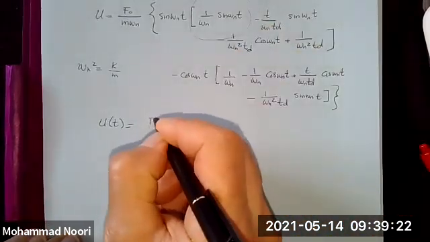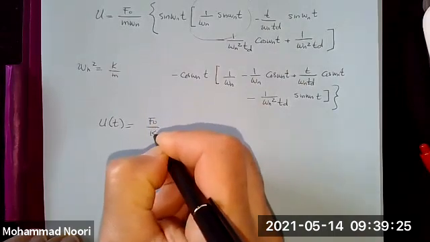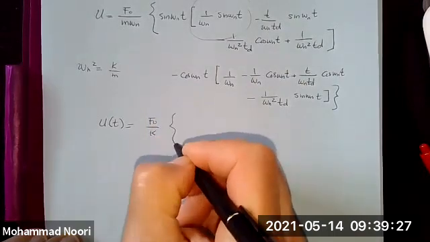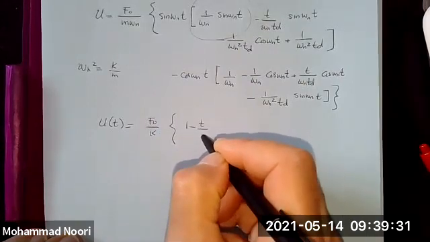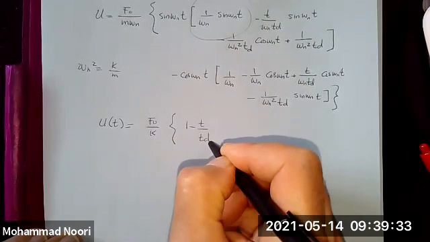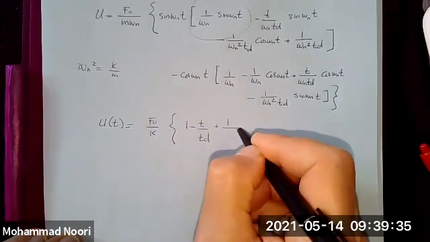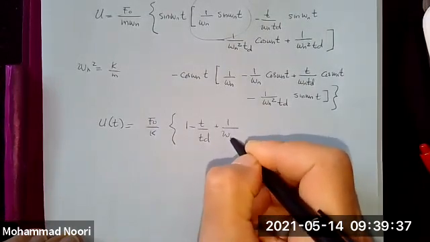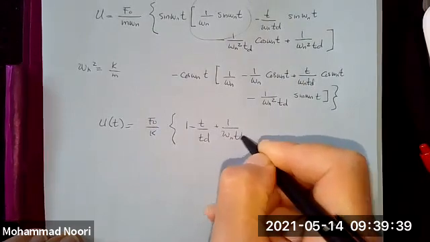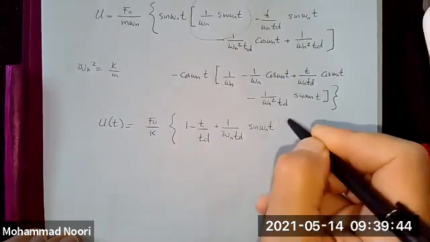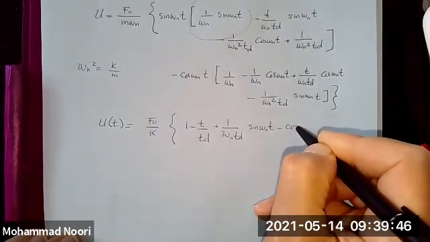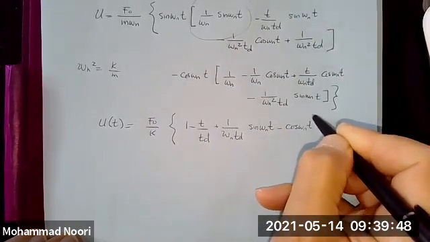After all that simplification, you get this function: 1 minus t over t d plus 1 over omega n t d sine omega n t minus cosine omega n t.